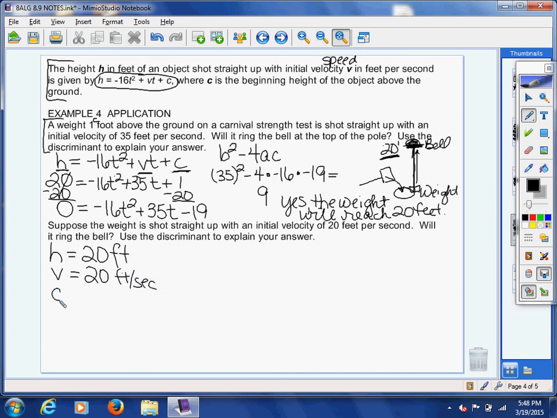And it's still a foot off the ground. Okay? Use those numbers. Plug into that basic formula. Emulate what I did. Okay? Plug in the numbers, get 0 on one side, and then test the discriminant. With that velocity, will the weight reach 20 feet in height?